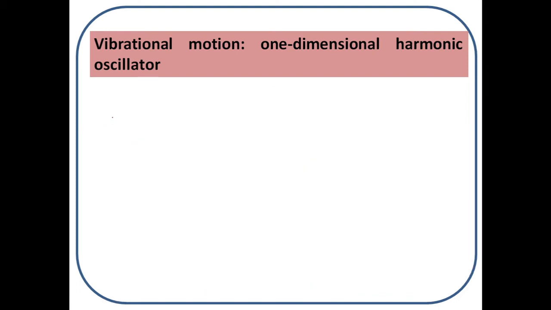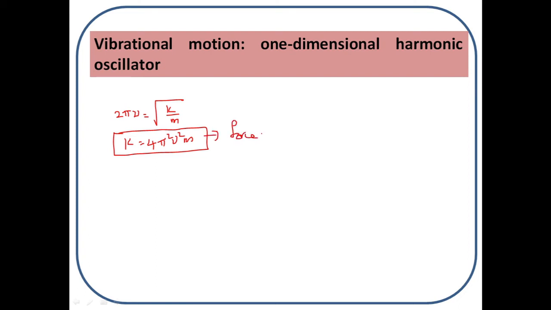Thus we got 2 pi nu is equal to root of k by m, or we can square this equation and rearrange it to 4 pi squared nu squared m, where k is the force constant. Therefore, the force constant is given by this equation.